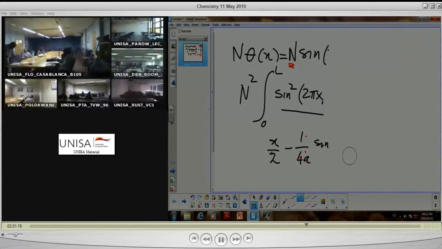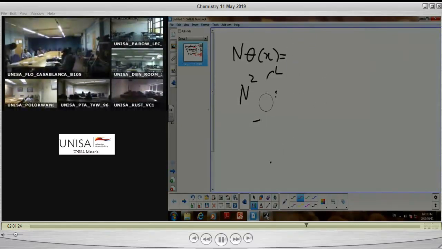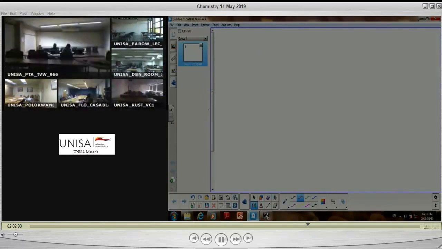So, calculating the probability. Now, your textbook says calculating the probability is given by this function here.